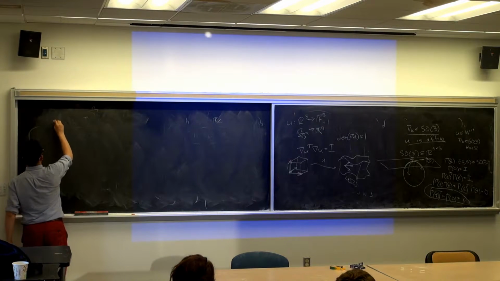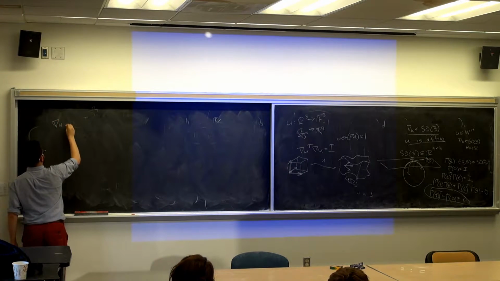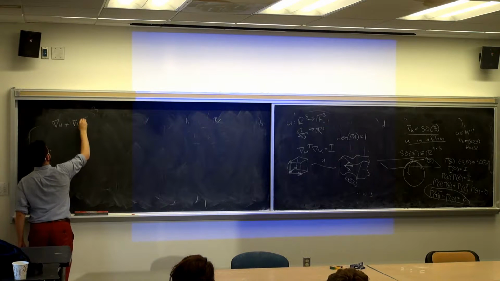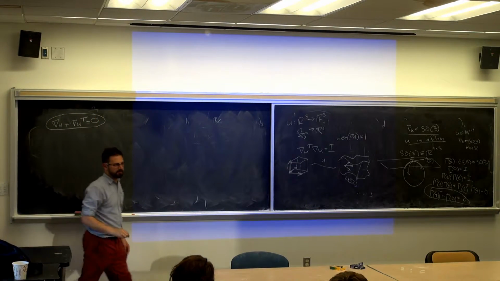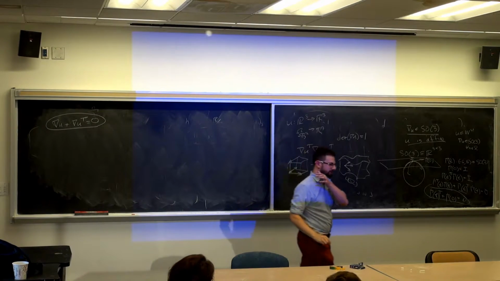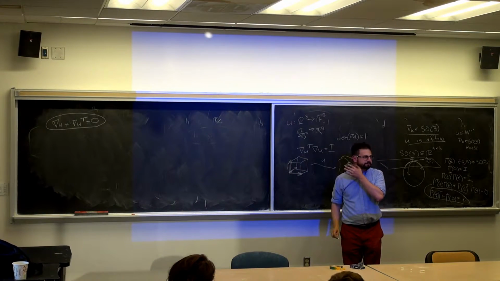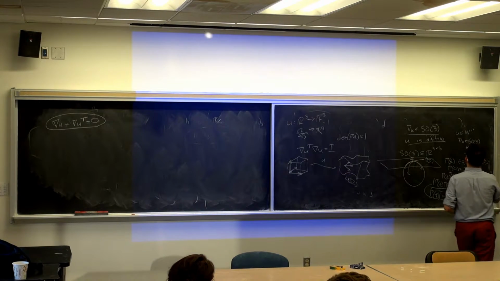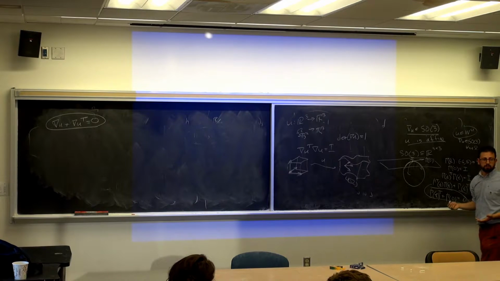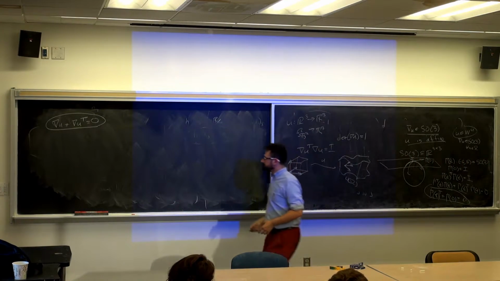So let's look at this related problem then. Grad u plus grad u transpose equals 0. So this is a nice linear problem that we have to work with. So I told you that we can just work with, say, u and w11. This is still true.